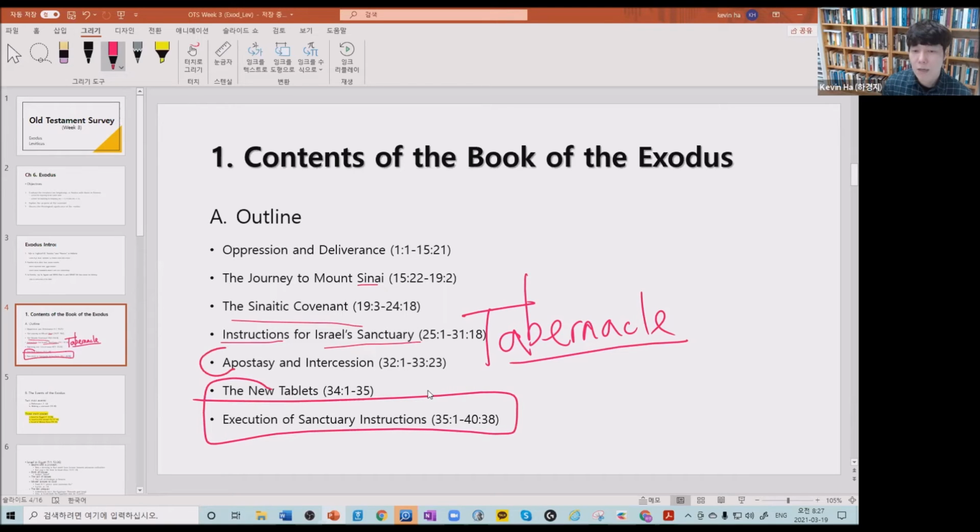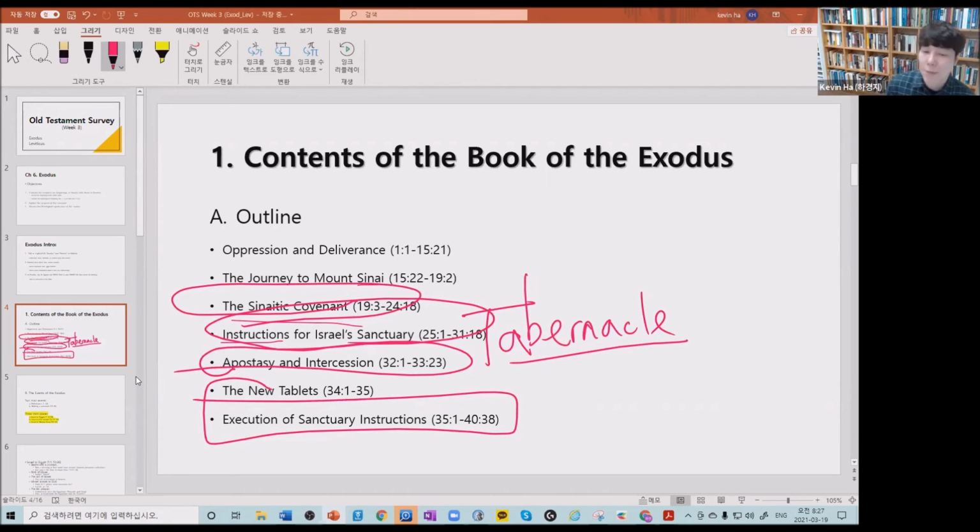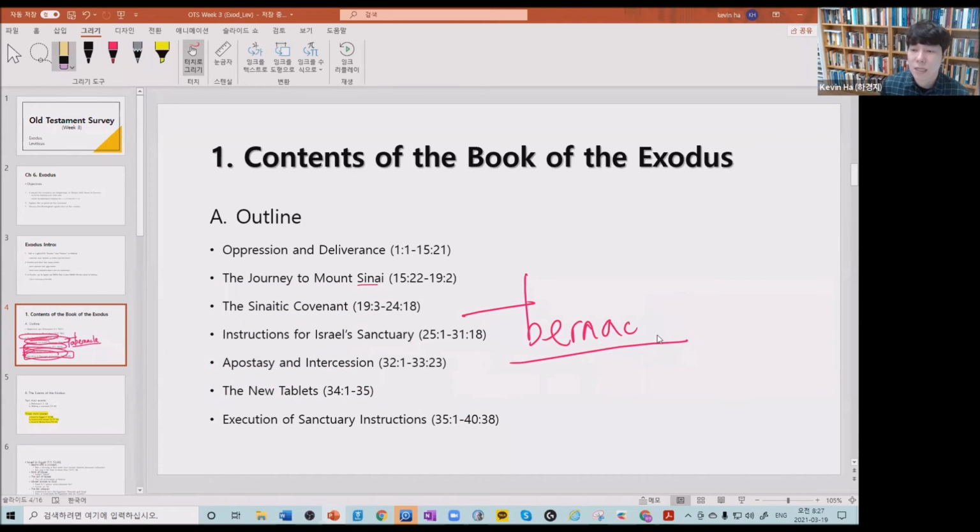But in the middle, there are some apostasy, adultery, disobedience. This is very significant. So they made a covenant with the Lord, and then they got an instruction to build the tabernacle, and they actually did later, but in the middle, they have a very serious sin against God.